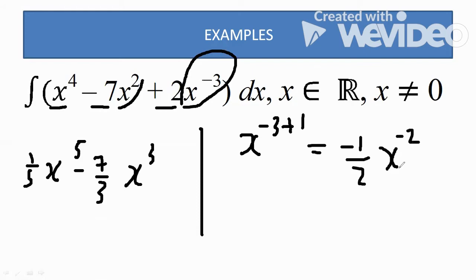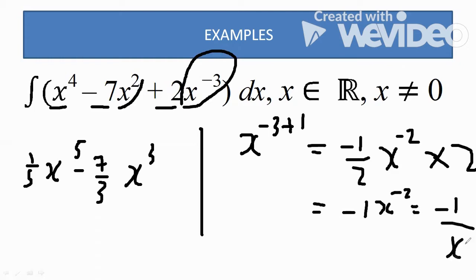But remember that we have a 2 here, so let's times everything by the 2. 2 times negative a half is just negative 1 x to the minus 2. It turns out to be negative 1 over x squared. So there we have it, guys.